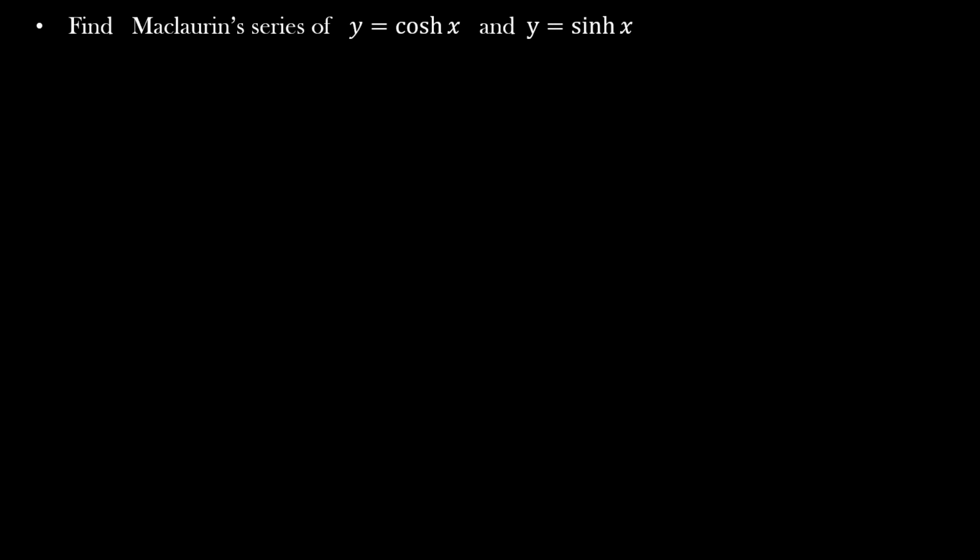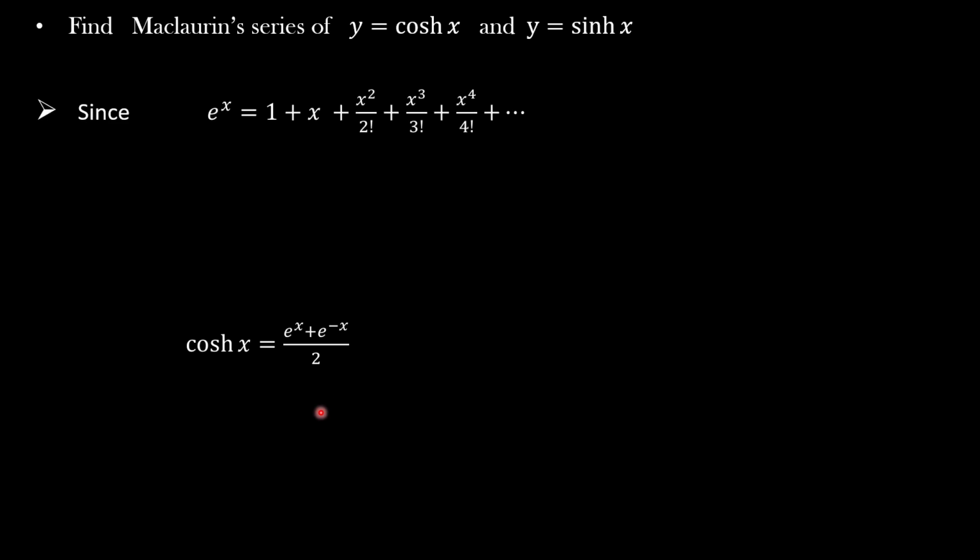Next problem. Find the Maclaurin series of cos hyperbolic x and sin hyperbolic x. As you are already familiar that cos hyperbolic x can be expressed as e power x plus e power minus x divided by 2. And we know that the Maclaurin series expansion of e power x is 1 plus x plus x square by 2 factorial plus x cube by 3 factorial and so on.